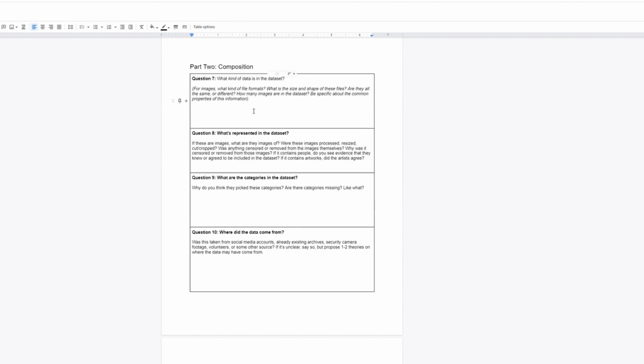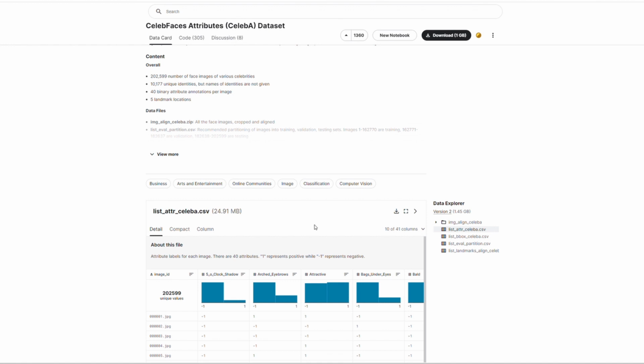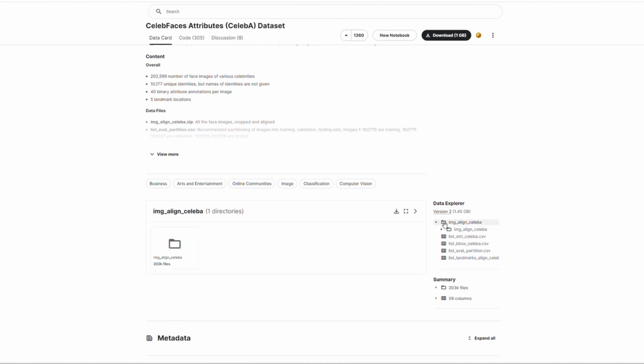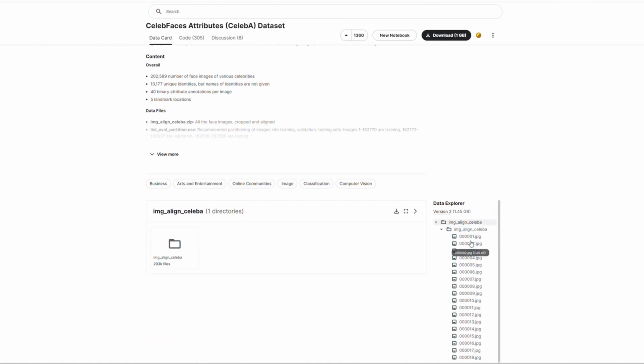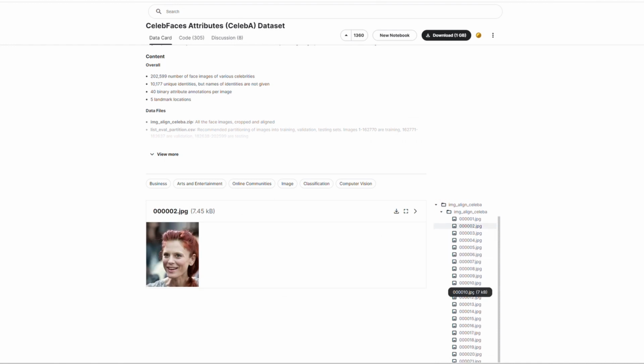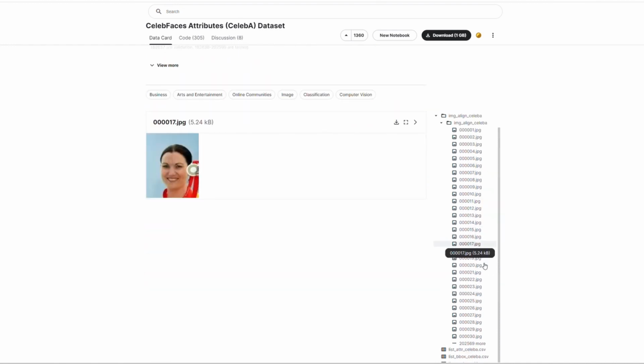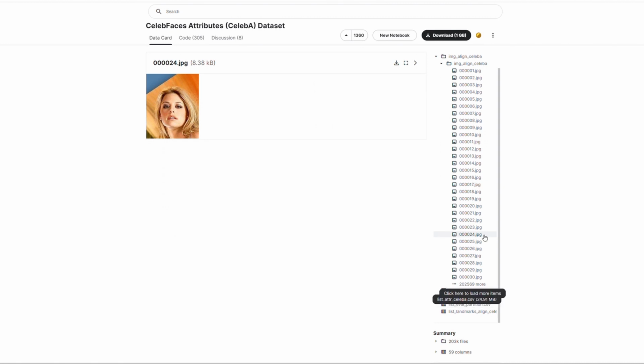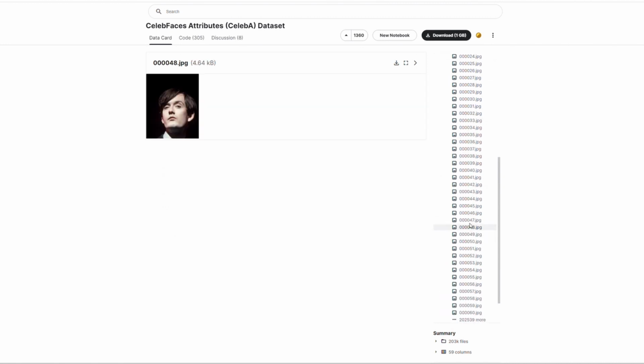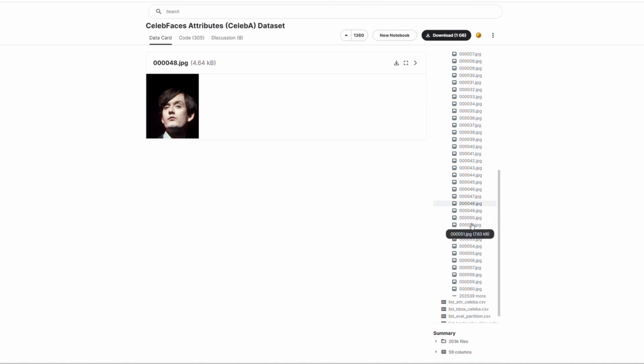What kind of data? Well, again, we go in, we look at the data set. It's JPEGs. Looks like a lot of JPEGs. They're sort of numerically sequenced.